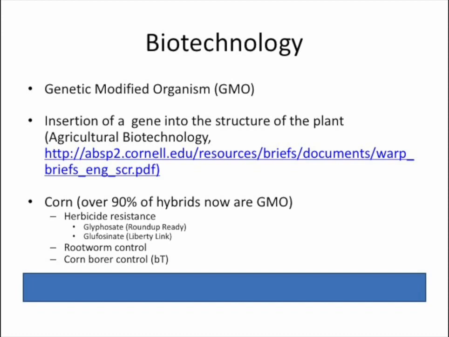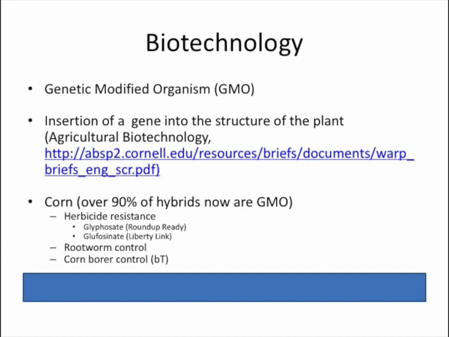But the idea here was we bred these corn plants to be herbicide resistant. We could go in and spray Roundup Ready over the plant. It would kill everything else. Very benign herbicide. At that point in time, no known environmental issues were associated with glyphosate.